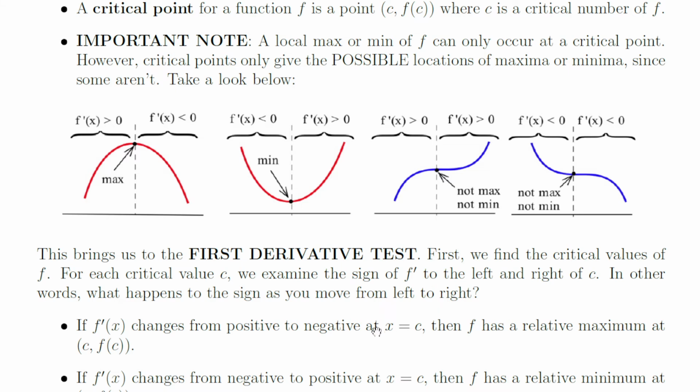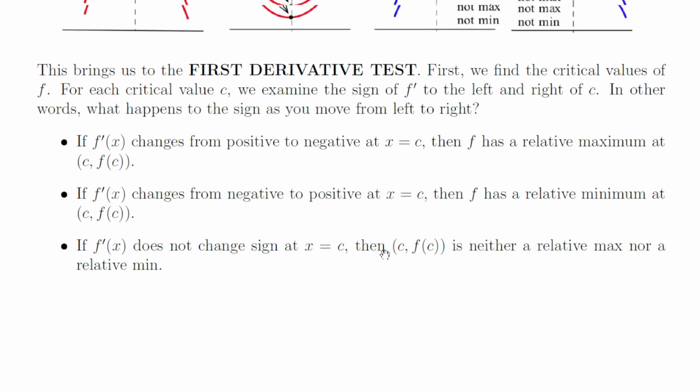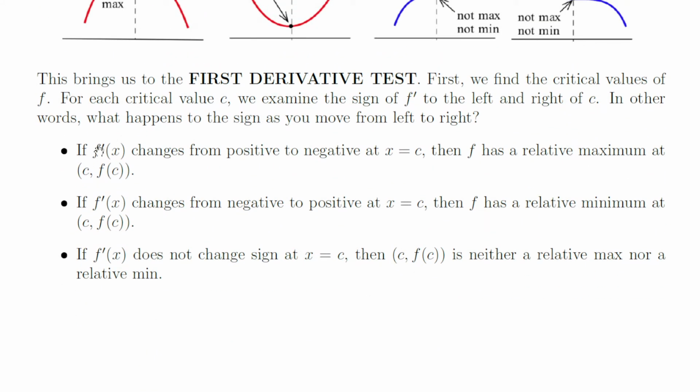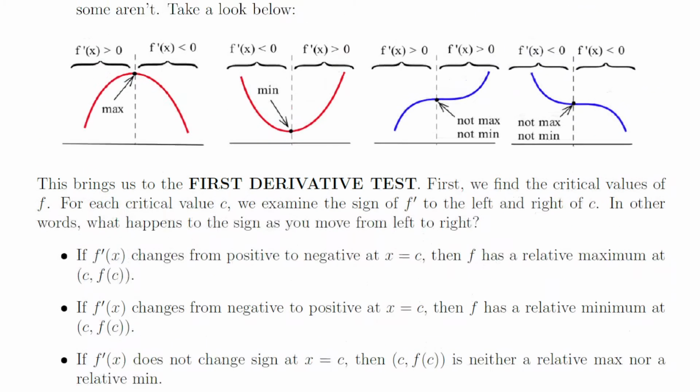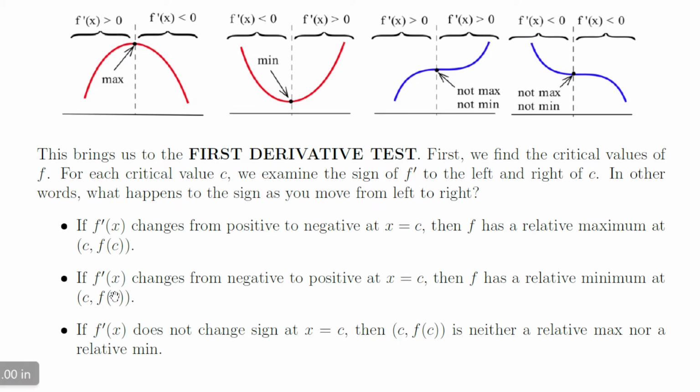All right, so this brings us to the first derivative test. If the derivative changes from positive to negative, we've got this situation here. We have a relative maximum. If the derivative changes from negative to positive, we have a relative minimum.